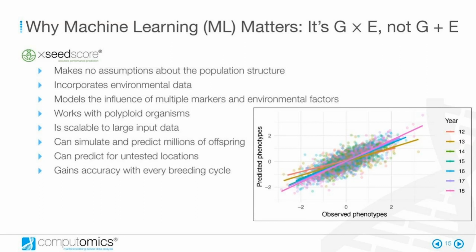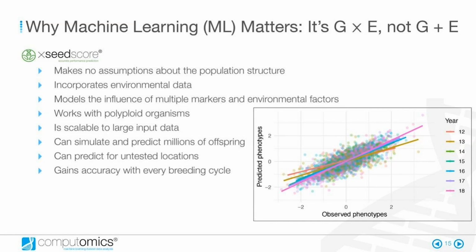One of the core functionalities of XSeedScore is the simulation of millions to billions of offspring to assess the combining ability and the performance of parental lines. As Ruth mentioned before, a good training population that reflects the genetic and phenotypic diversity of the breeding program is really key for good predictions. Machine learning approaches learn from data, and with increased data quality and quantity, the prediction accuracy improves.